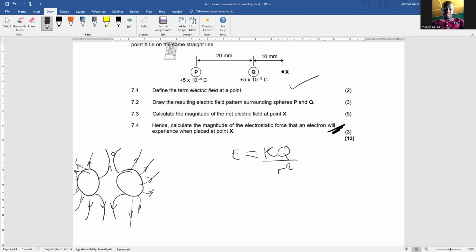So to calculate the magnitude of the net electric field at point X, that is 7.3.